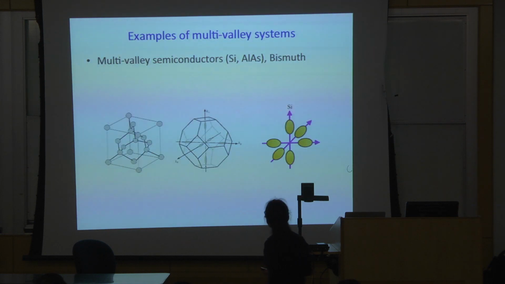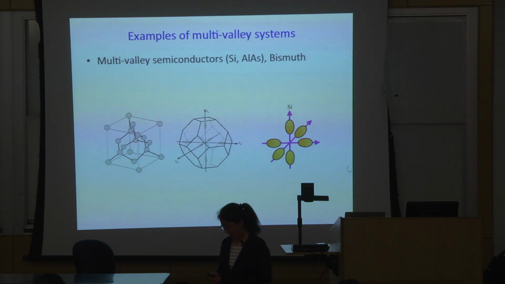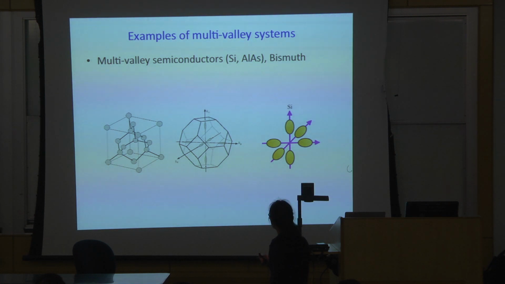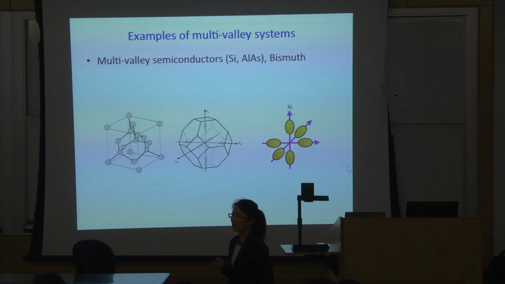Okay, so what is valley? What I'm showing here is a well-known example from solid-state textbooks, silicon, for example. It's a diamond structure, right? And this is the Fourier transform, the first Brillouin zone of silicon.